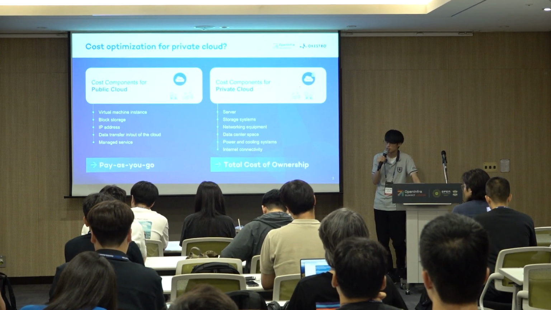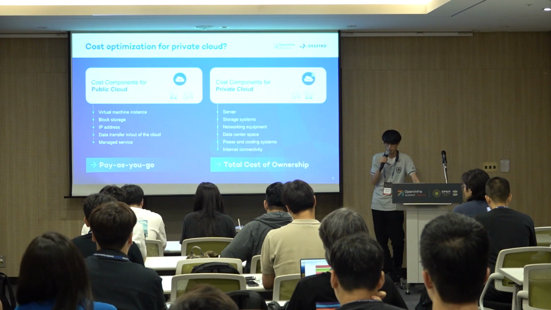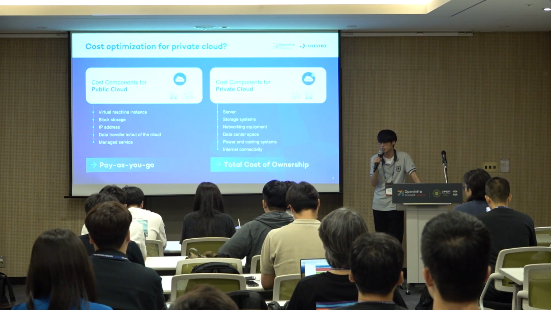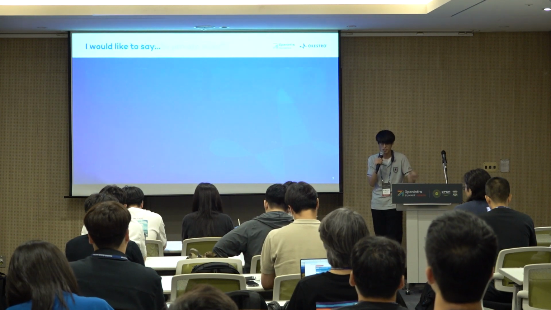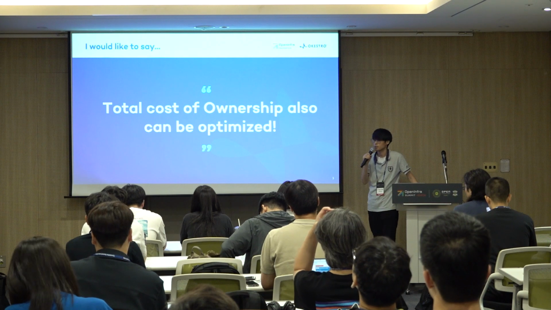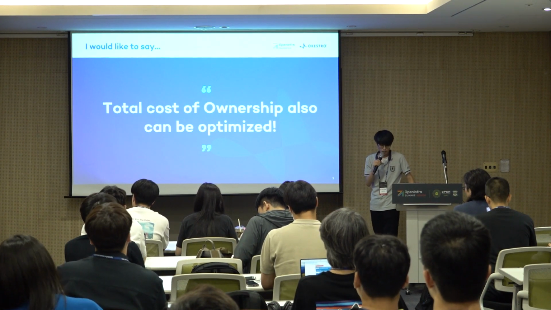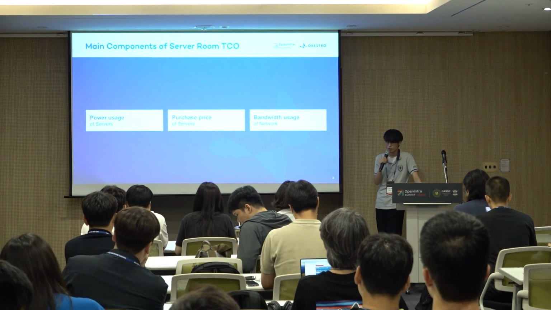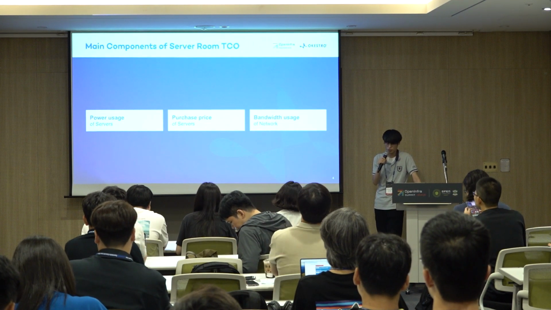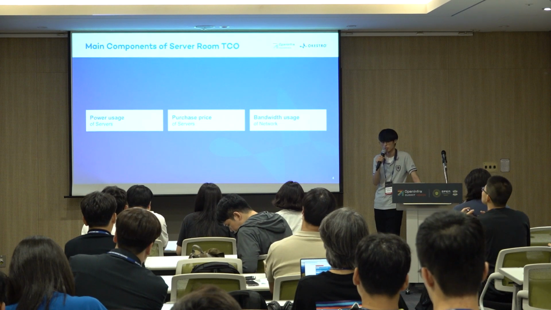So this question comes out: is it impossible to optimize the TCO of private cloud? My answer is no. Total cost of ownership can also be optimized, I think. So then how can we optimize the cost of TCO?